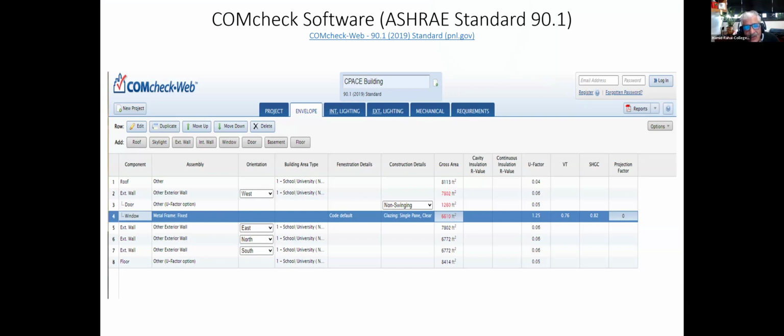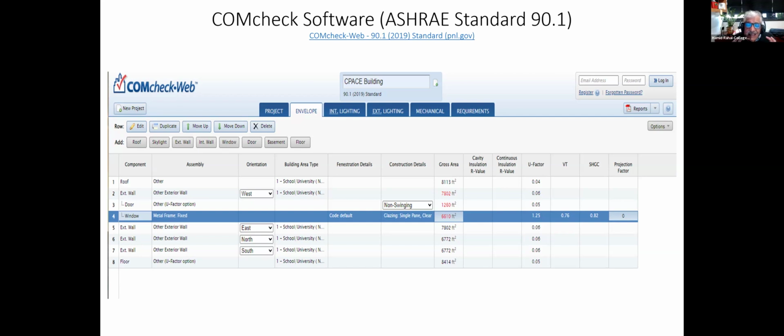Very similar to eQuest, ComCheck allows you to give a specification about the roof, whether you have a skylight or not, what kind of external wall you have, what kind of internal wall, what kind of window and size, doors, what kind of basement, what kind of floor, and so on. And then it switches to internal lighting, external lighting, type of mechanical system and requirements.